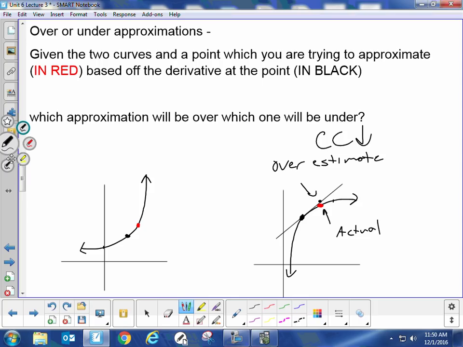If I have a graph that is concave up, and I'm using a point in black to approximate a value in red, I know that a tangent line will lay under my curve, so my tangent line approximation will be an under approximation.